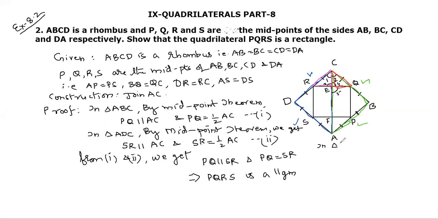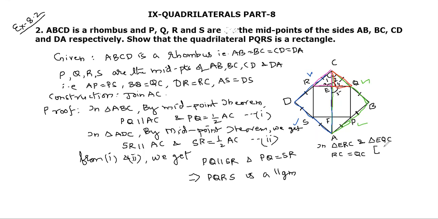triangle ERC and triangle EQC. In ERC, side RC is equal to QC, because all sides of a rhombus are equal, and half of each side is equal.